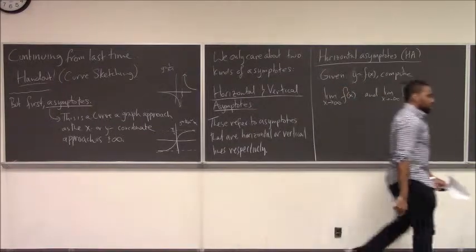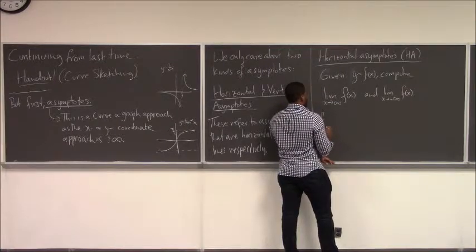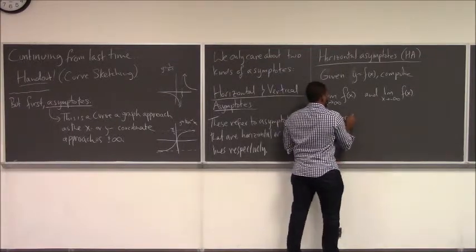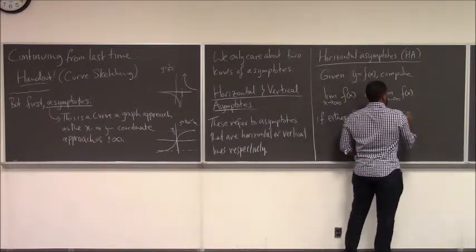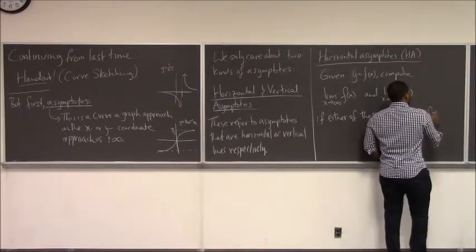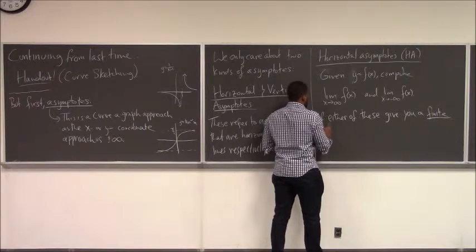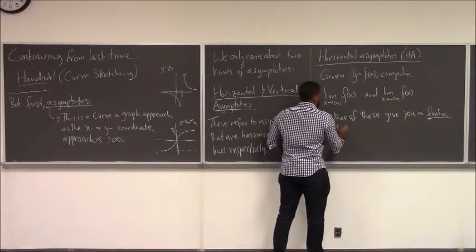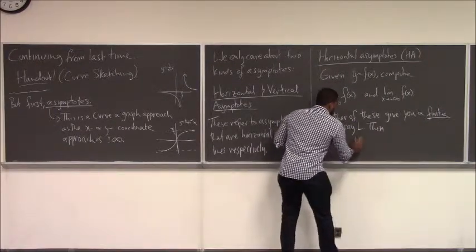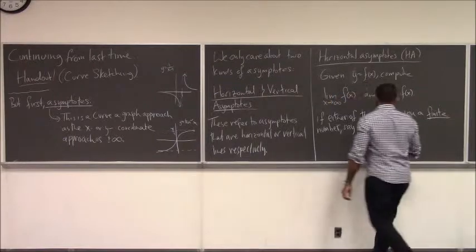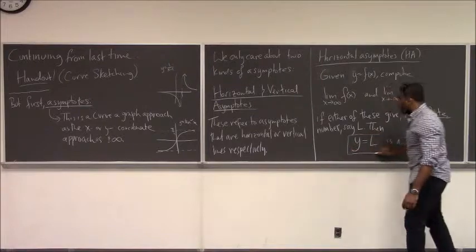Now if either of these gives you a constant, finite number, that's the important part, it has to be a finite number, say L, then y equals L is a horizontal asymptote. Right? And that will be its equation.